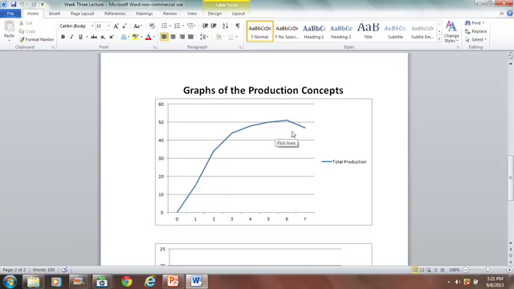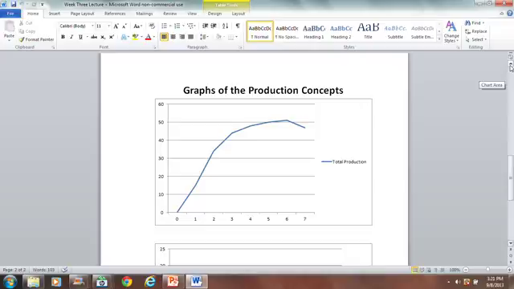And then at some point, production actually starts to decline. Where it starts to flatten out and eventually decline is reflecting that as you're adding workers to the process, productivity is starting to suffer. You simply have too many inputs as a result.